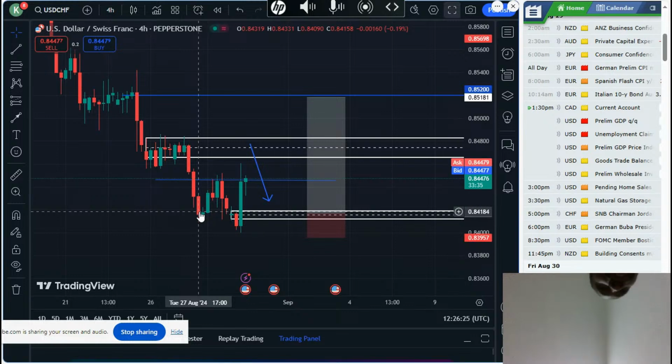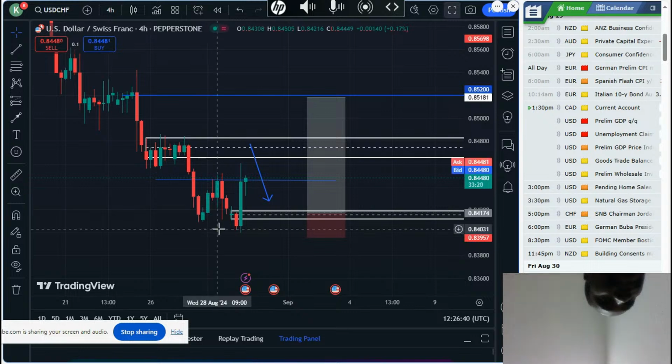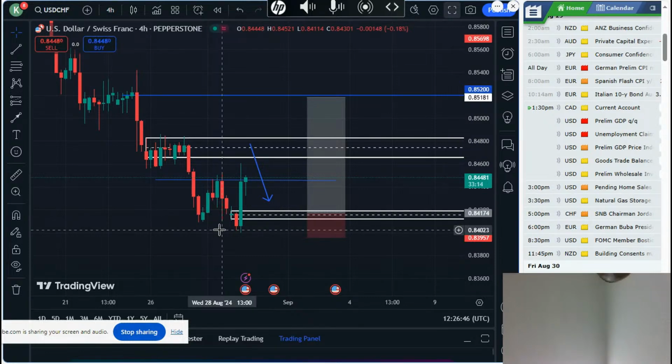Buy limit USD Swiss franc at 0.84184, and stop loss at 0.84023.